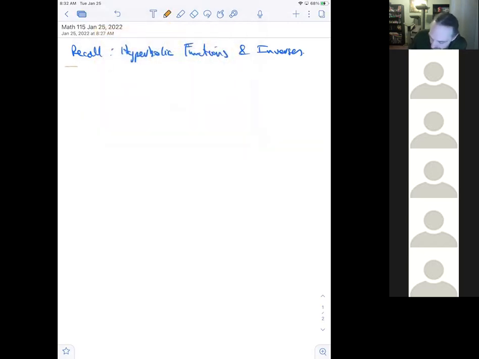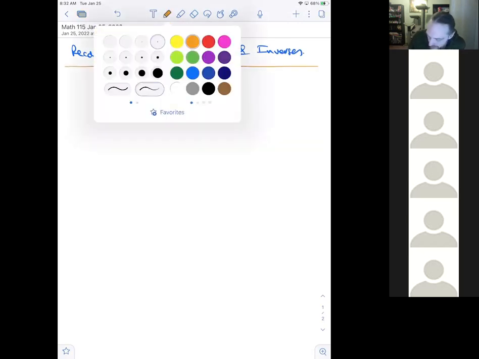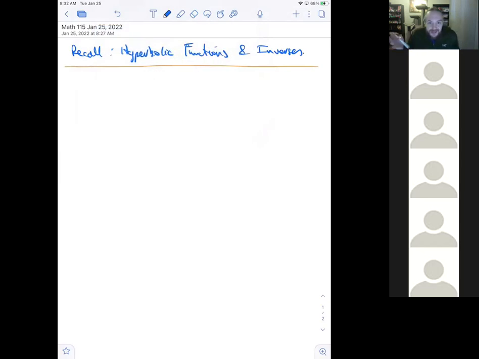So the three main categories of transcendental functions we have are trigonometric functions, which we'll focus on sine, cosine, and tangent, and their inverses, arc sine, arc cos, and arc tangent. Then we have exponential functions and their inverses, logarithms, in particular e to the x and natural log x.